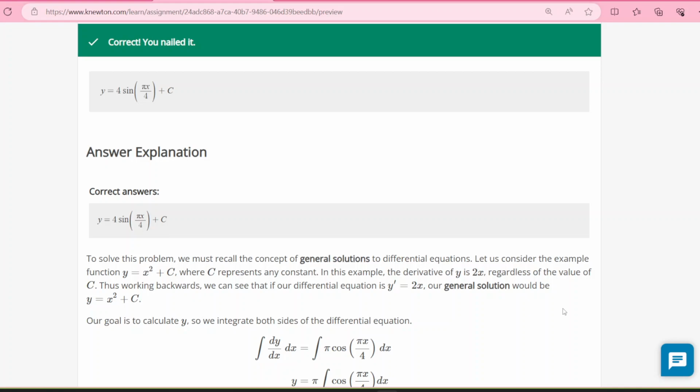Wonderful. After every question, after you submit an answer, you'll be told if you're correct or incorrect. Maybe if you're incorrect, you might be given a second chance to fix things before they really say you're wrong. And then you'll have an answer explanation. I would highly recommend reading through these, especially if you get it wrong.